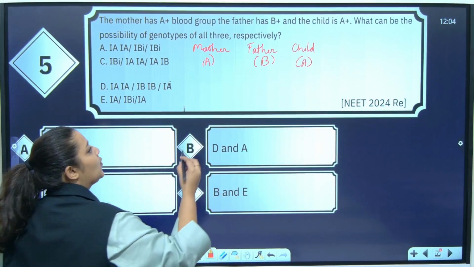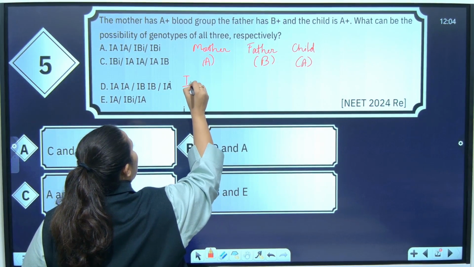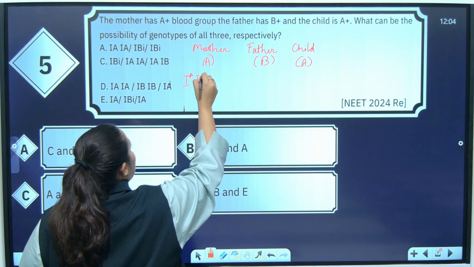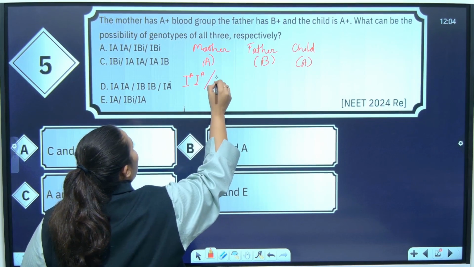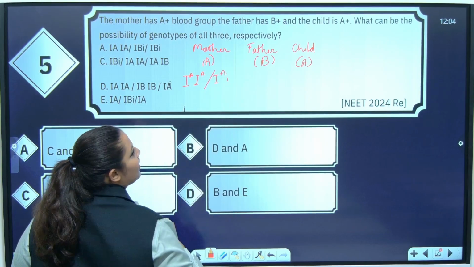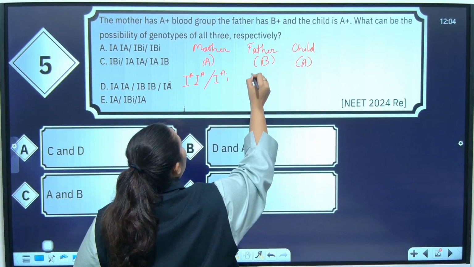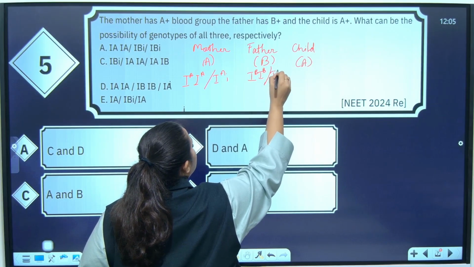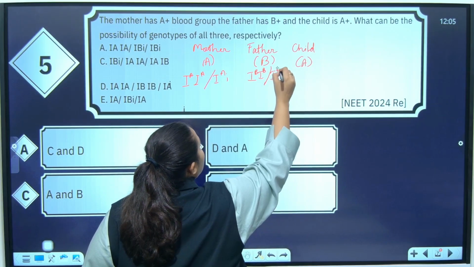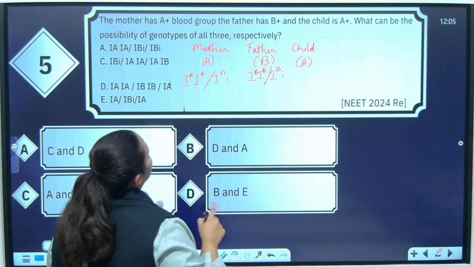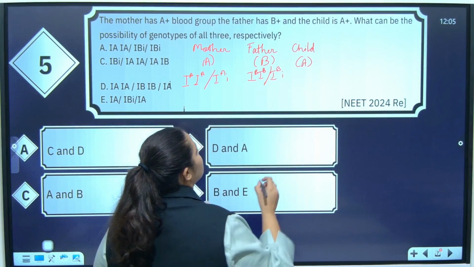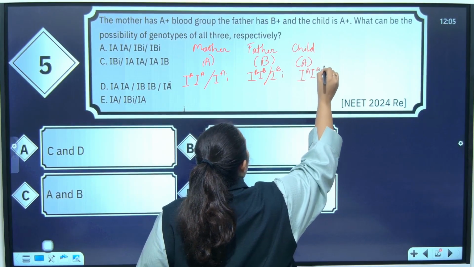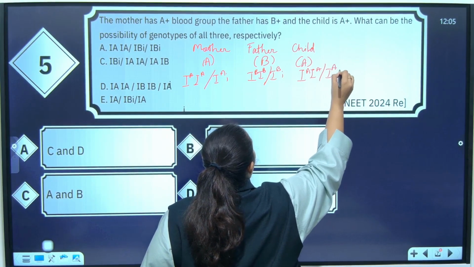Now for the mother, we have two possibilities, IAIA or IAi. For the father, we have two possibilities as well, IBIB or IBi. And for the child, it is again A positive, so we again have two possibilities, IAIA or IAi.